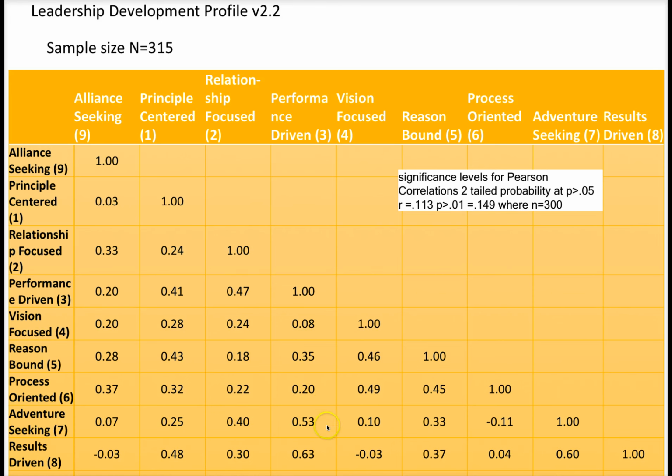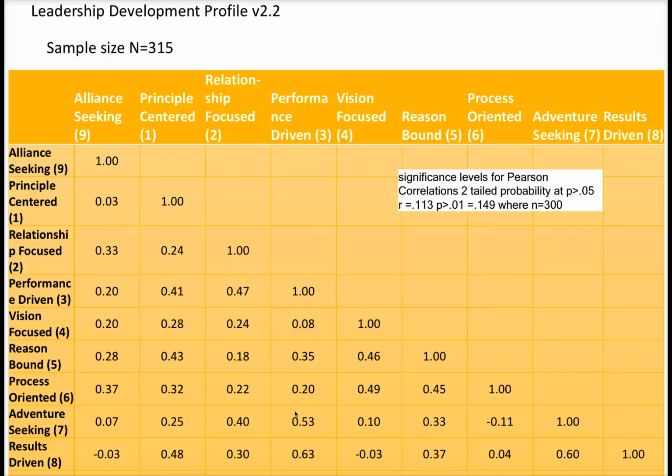Performance-driven is a high achievement-oriented type of profile. Adventure-seeking is a person who loves new experiences and really enjoys their work. So this kind of correlation is not totally surprising, but we would have to investigate further.